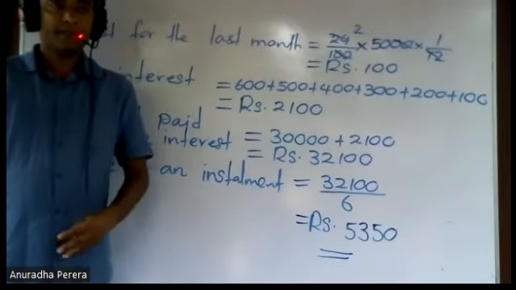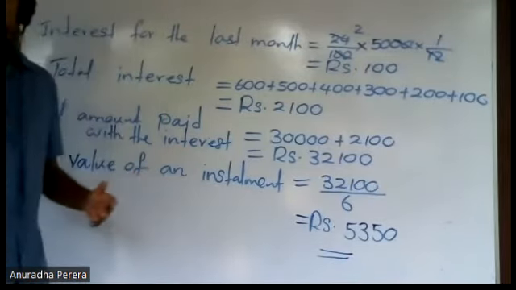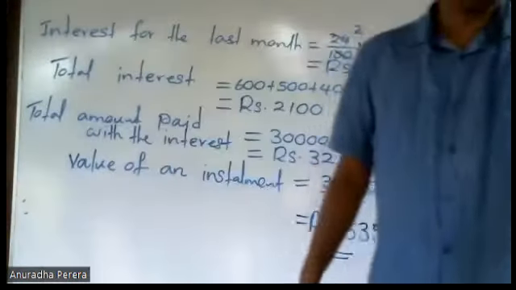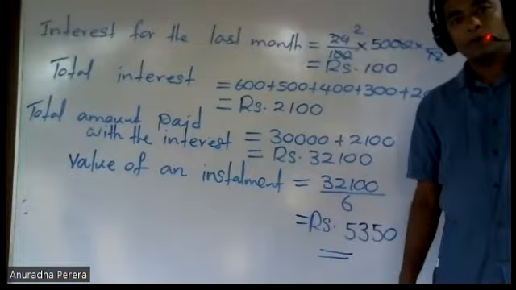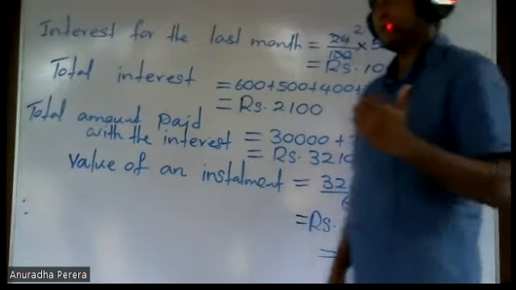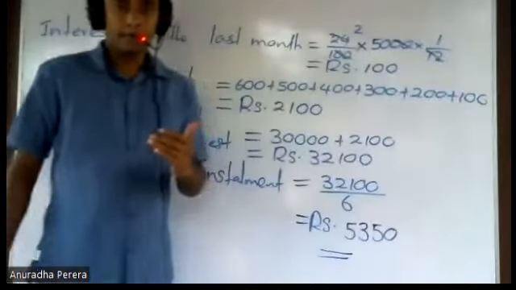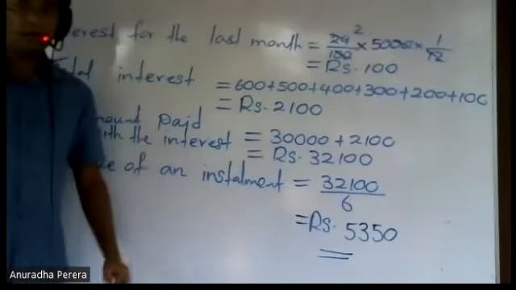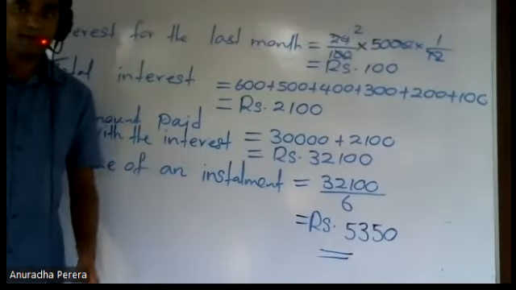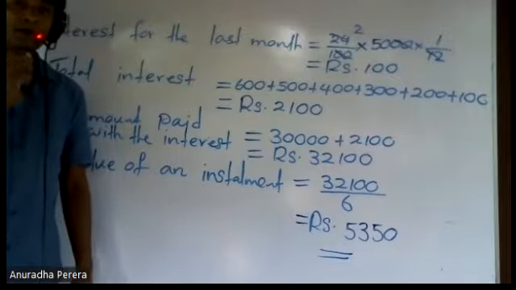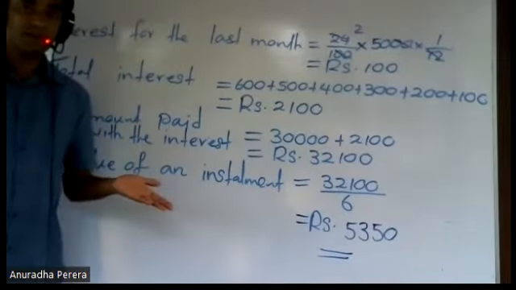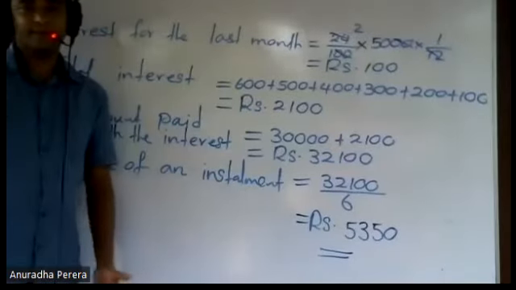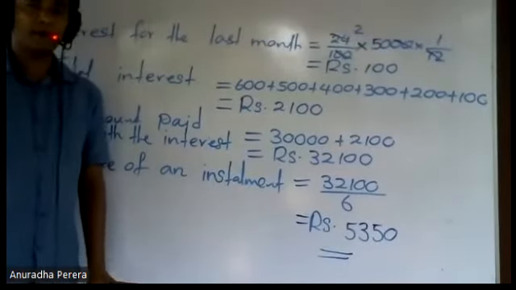Think about it, if a loan will be paid back in 5 years with monthly installments, 5 years means 12 into 5, which is 60 installments. If you use this method, the interest should be calculated 60 times. It's very difficult.